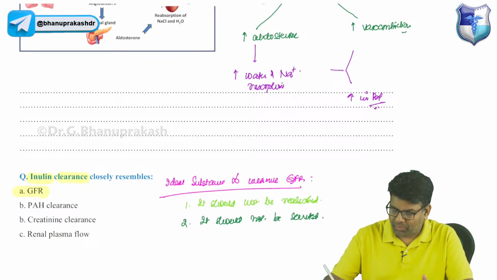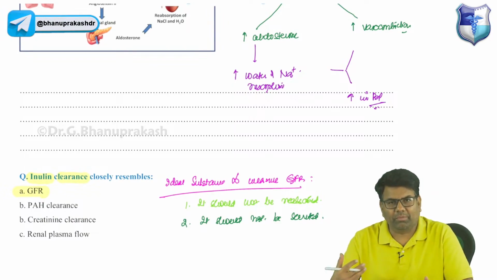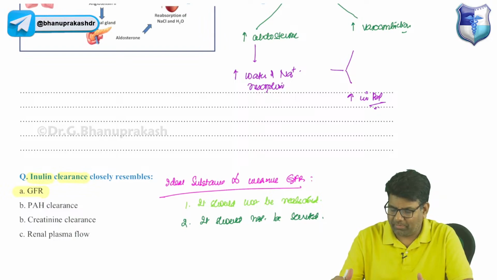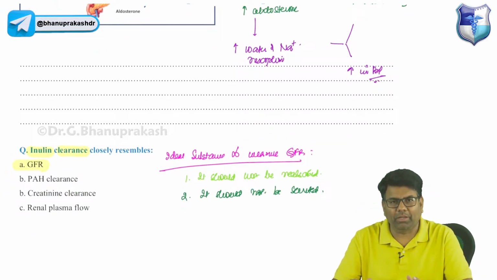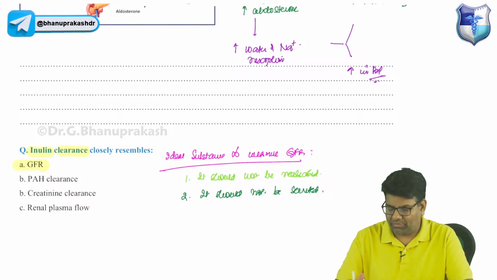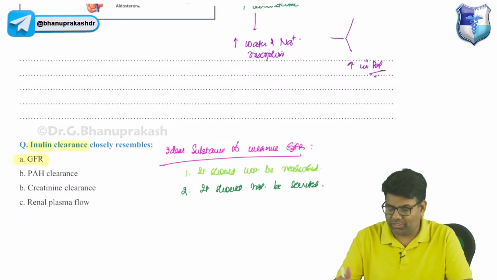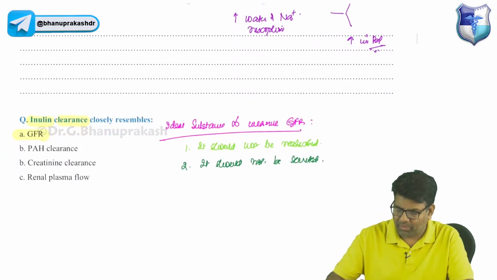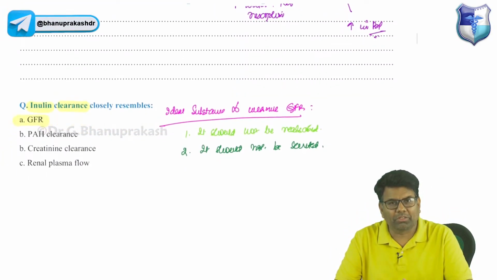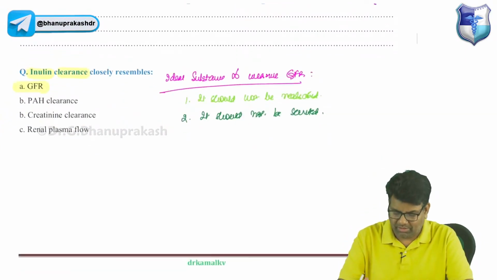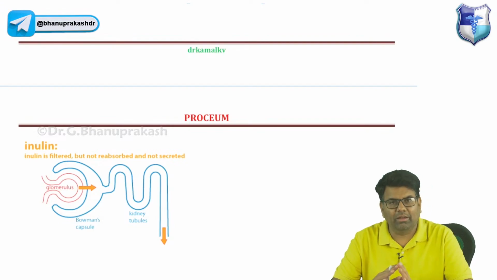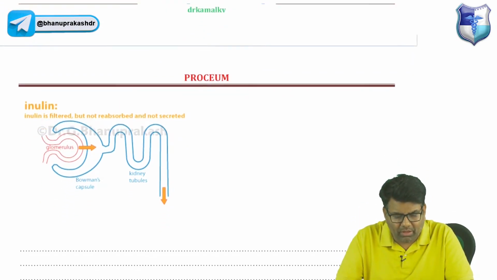So that way, whatever the amount of that substance is coming out, that will be equal to the GFR. So that is the ideal property of a substance if we are using it for measurement of GFR. And yes, safety should be first, it should not be toxic to humans. So inulin closely resembles GFR because neither is it secreted nor is it reabsorbed. So it equalizes GFR.